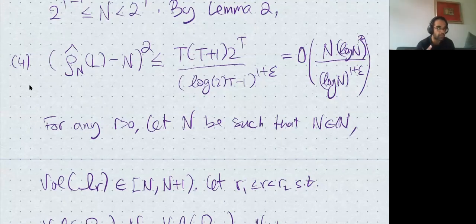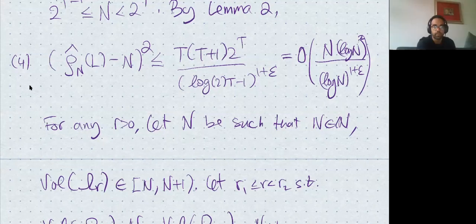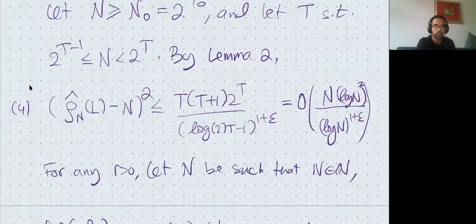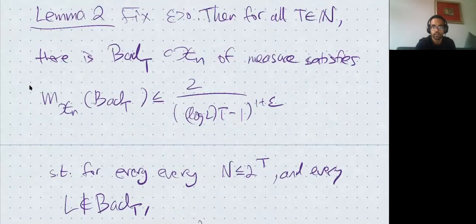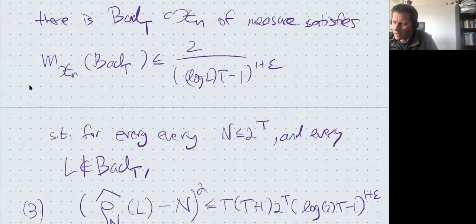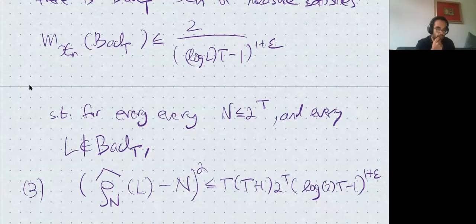You also formulated lemma 2 using a 1 plus epsilon. Can you go to lemma 2? There's a positive exponent in the definition of the threshold of the inequality, and there's a negative exponent in the definition of the measure. So when you applied it in Formula 4, you used it with a negative exponent.